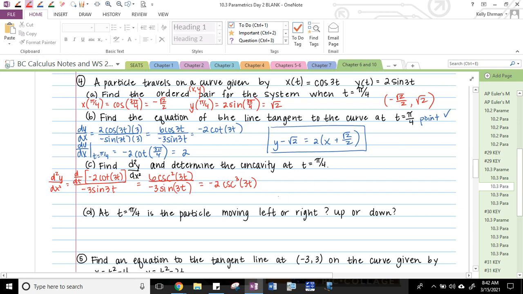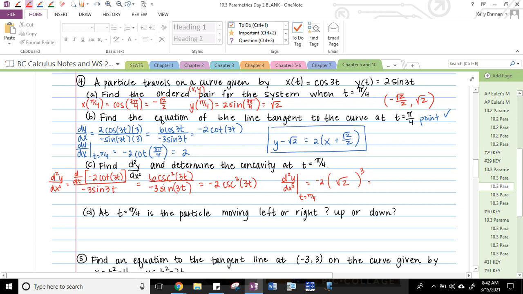Evaluating at pi over 4, the second derivative at t equals pi over 4 is equal to negative 2 times what? We've got cosecant of 3 pi over 4. So cosecant's positive in quadrant 2. And we know sine is radical 2 over 2, but remember the simplified reciprocal of that is just radical 2. So this will be radical 2 positive to the third power.